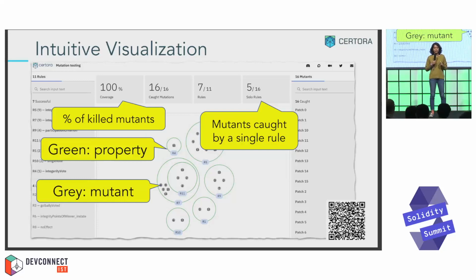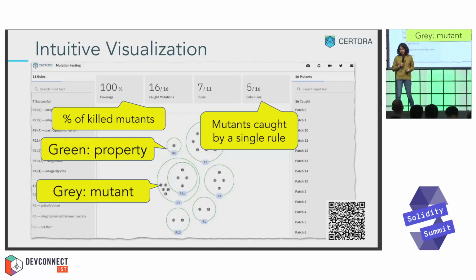When you're writing specifications, sometimes you write two different properties but they're checking the same thing, and that's not really useful. So you want a way to check whether two rules or two properties have any overlapping behavior, and solo rule is a proxy for measuring that.